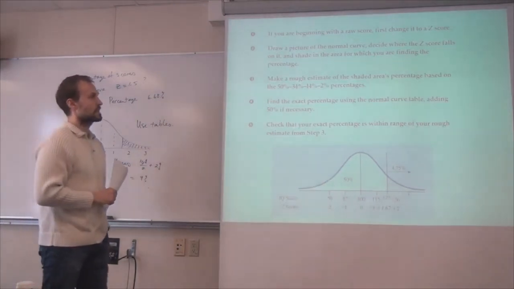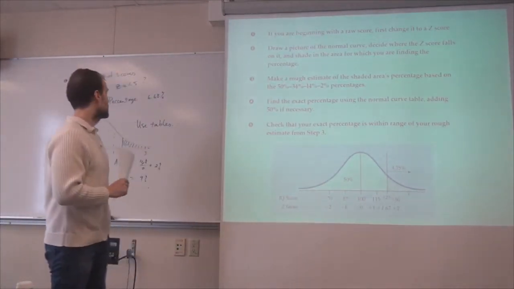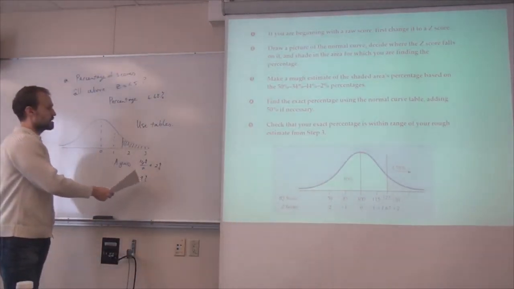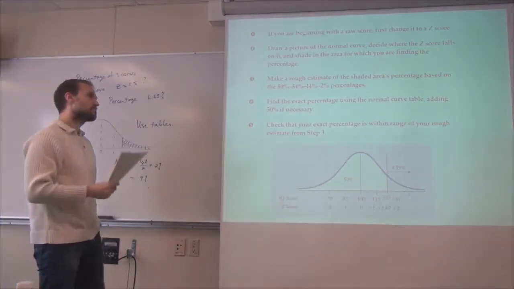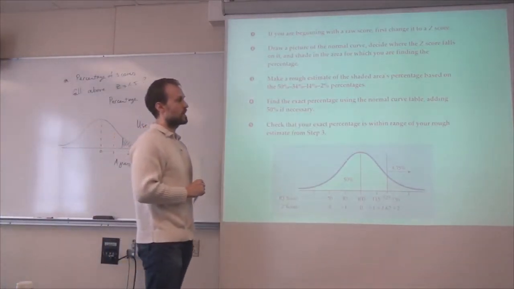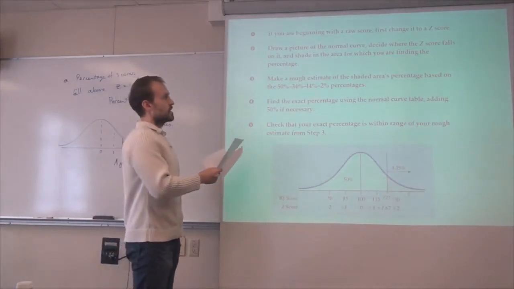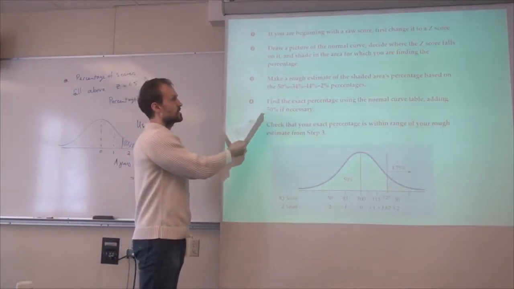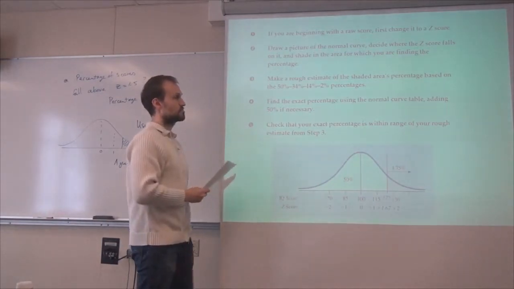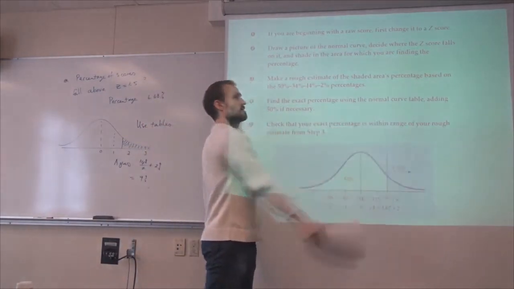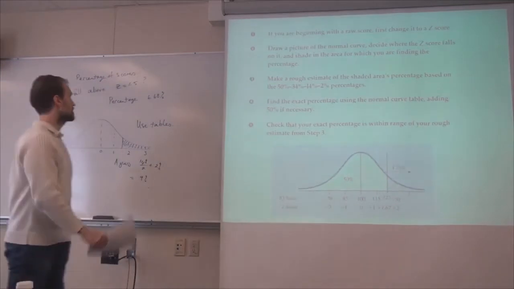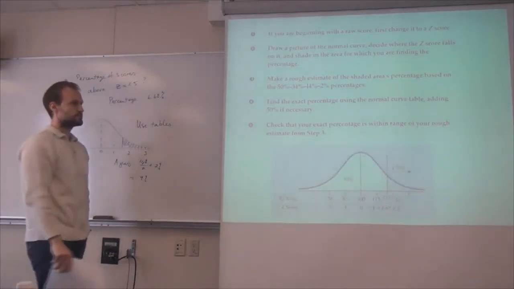I know it's not going to be exact, but it puts me in the right range of numbers, so that I have something to compare my exact answer to. Then I want to find the exact percentage using my table, usually, unless it's a very simple z value.